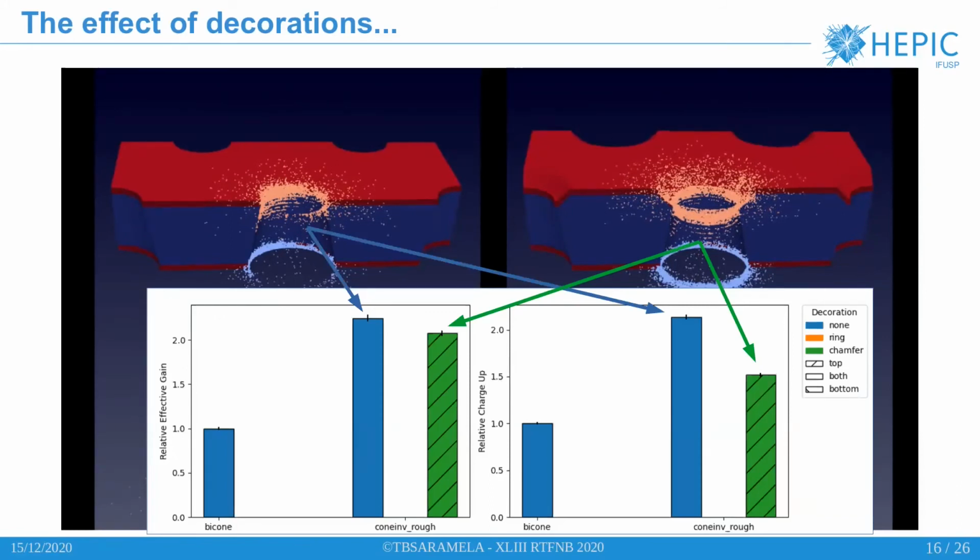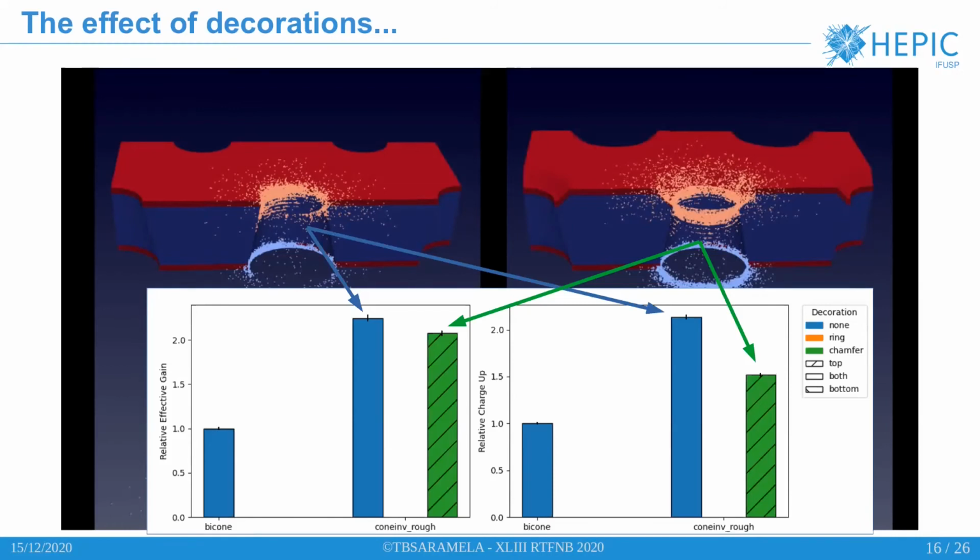The thing to note in the simulation is that these conical holes, compared to a biconical, more standard one, have a higher gain, but also a higher instability. On the left, in blue, we have a comparison of these conical holes with the standard biconical one, and we can see that the gain is 2 times higher for this kind of hole.